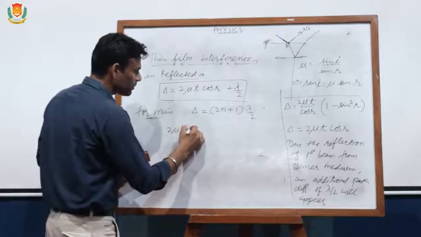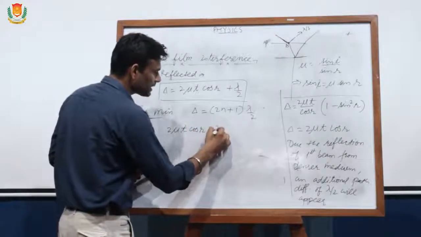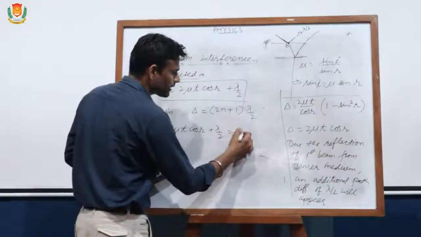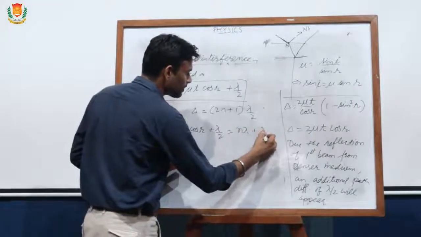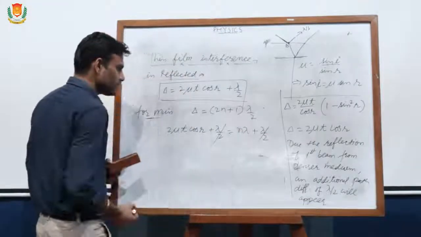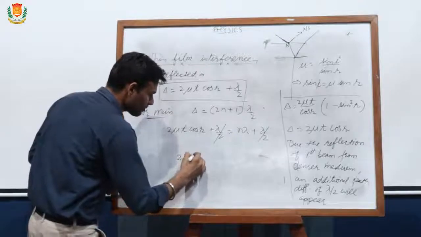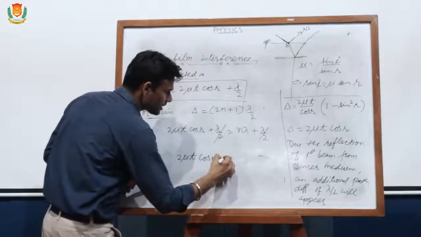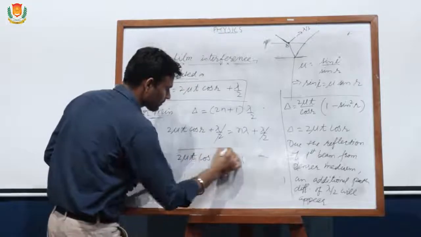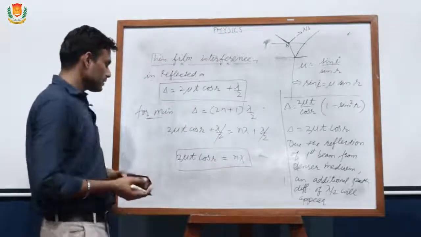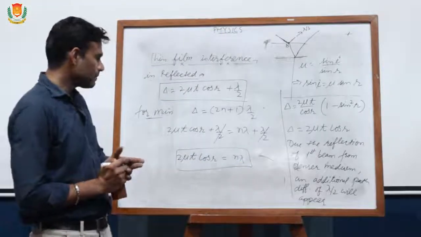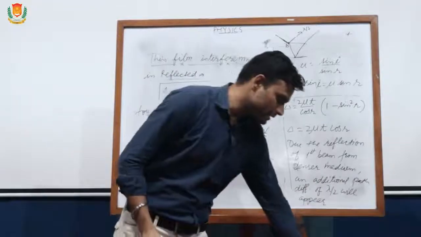So 2 mu t cos r plus lambda by 2 is equal to, when we expand this bracket, n lambda plus lambda by 2. Lambda by 2 cancels. The condition of minima: we get 2 mu t cos r equal to n lambda. So these two were the conditions of maxima and minima in thin film interference in the reflected system.